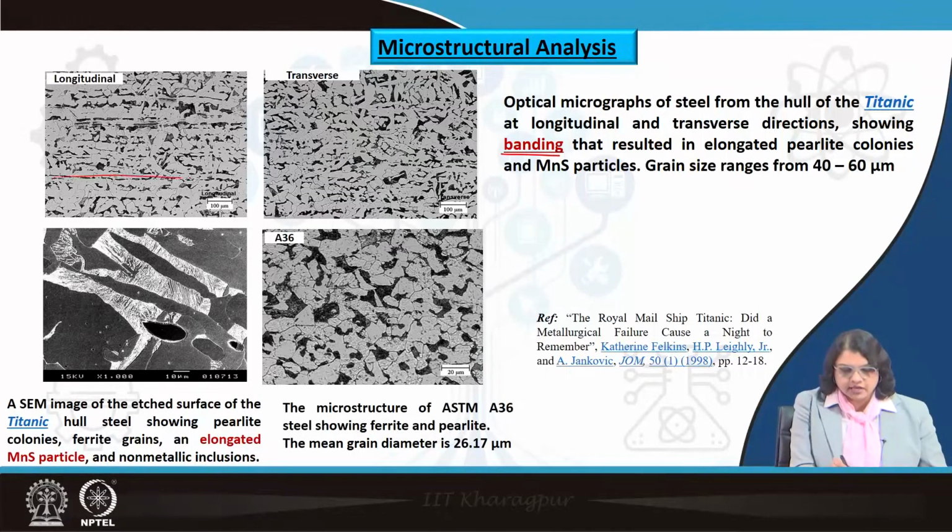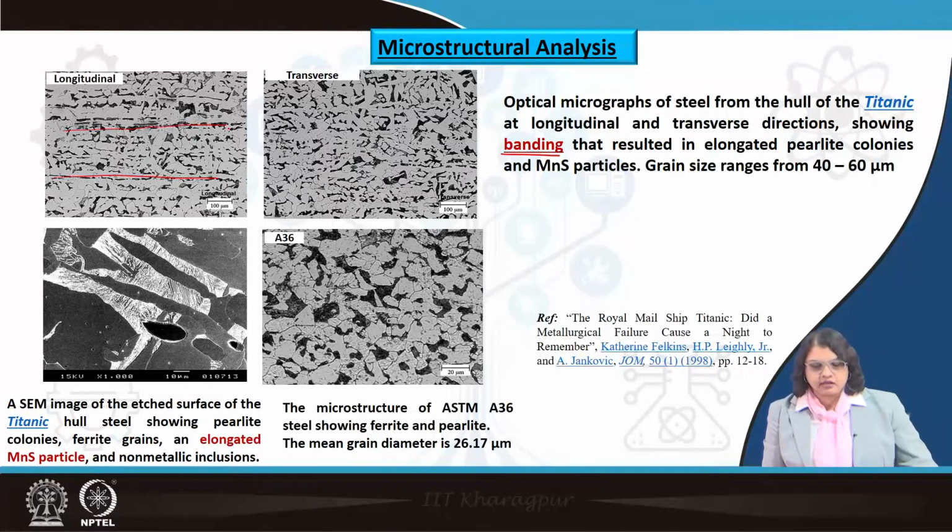If we look into this carefully, there is some banding that we can see in both the longitudinal and transverse directions, which means that there should be some non-uniformity in properties as well, and non-uniformity in properties is not something that we want to have in any structures, because that may lead to early failure even without expectation.